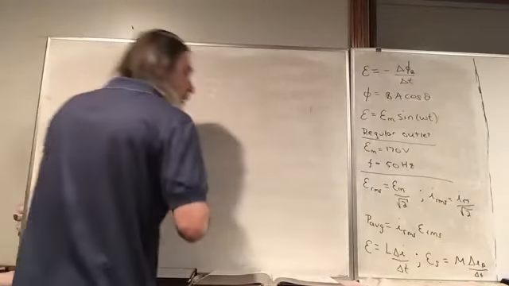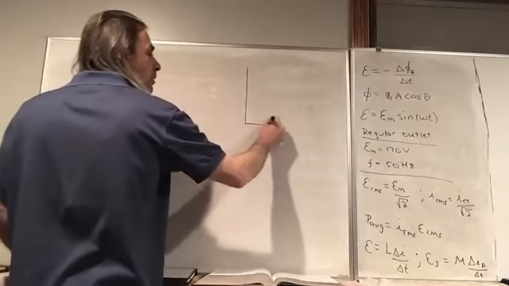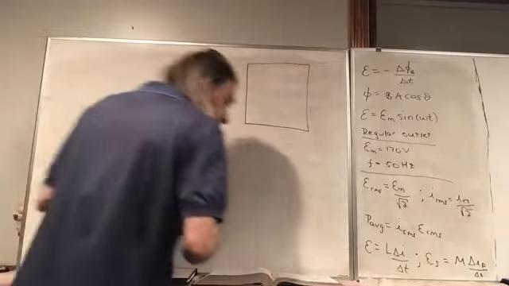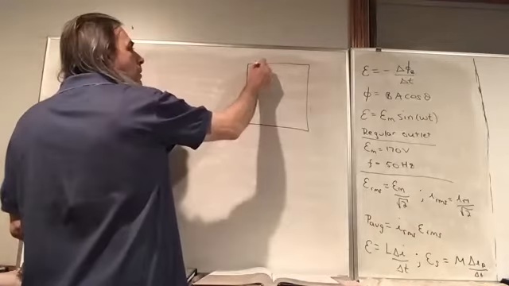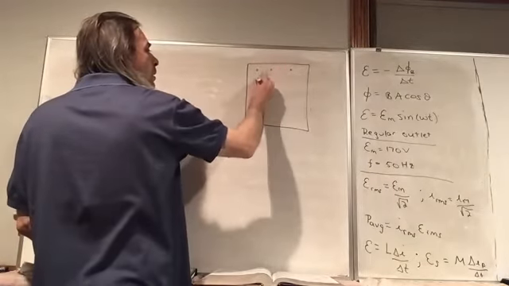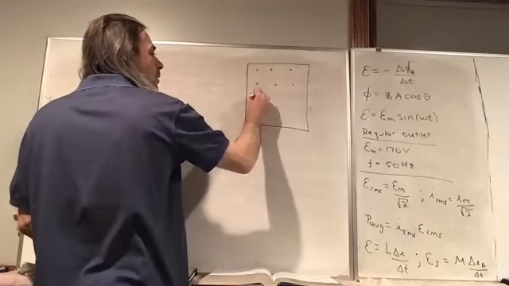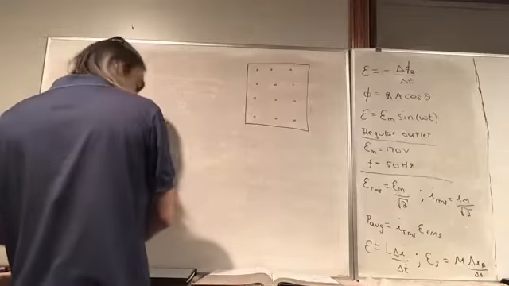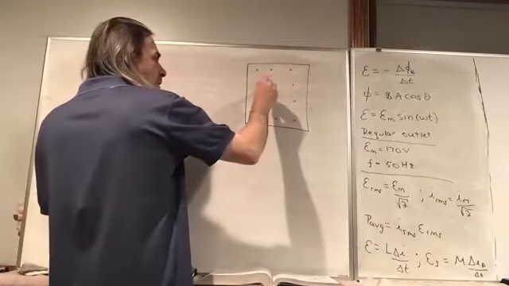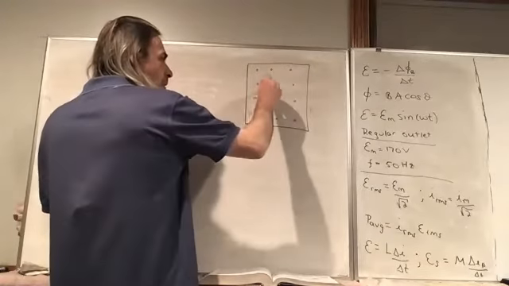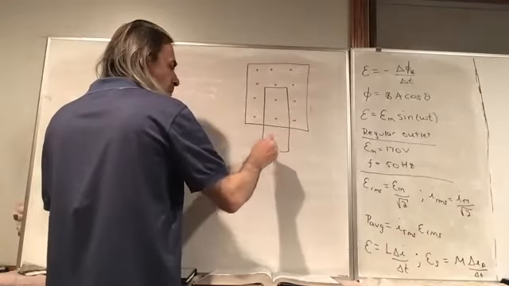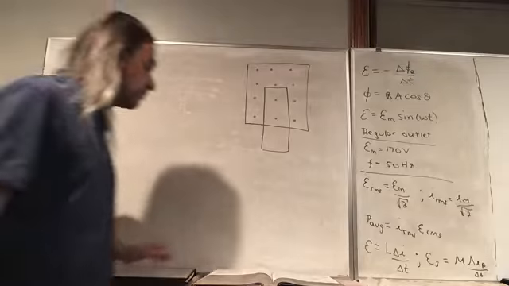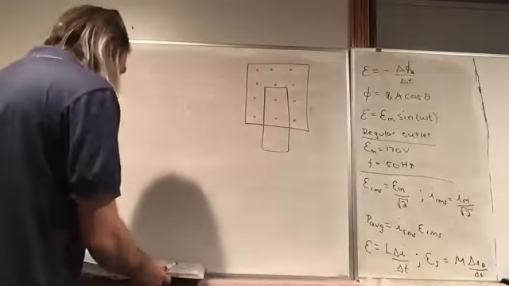So let me draw this picture. And we have this rectangular loop that's partially in the magnetic field. So let me read this problem.